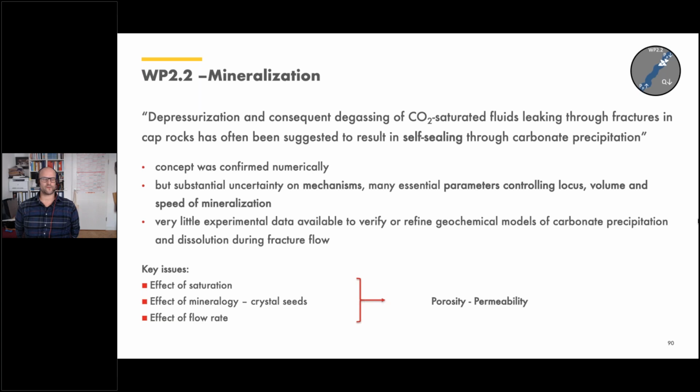It's relatively simple to confirm that numerically, but there is definitely a huge lack of experimental verification of the model predictions of that. And this is what the aim is of this sub-work package. So specifically, we looked at the effects of saturation, the effects of mineralogy, and also the effects of flow rate to see how porosity and permeability are changing. Next slide, please.